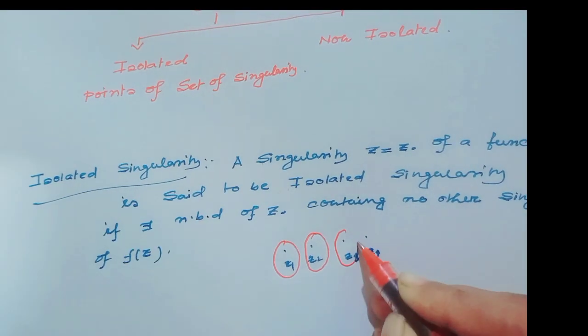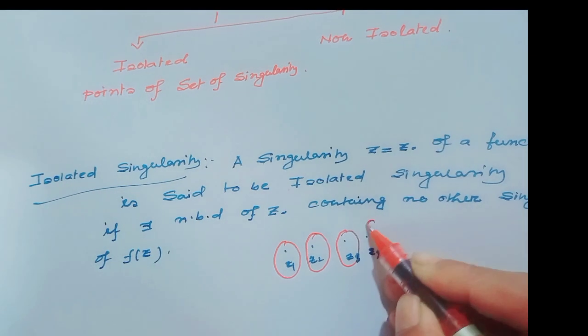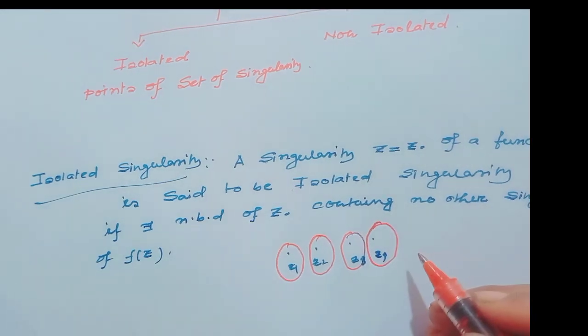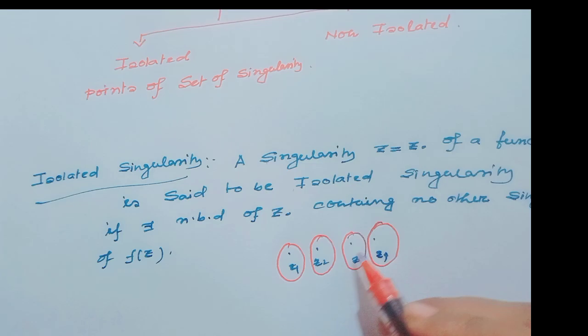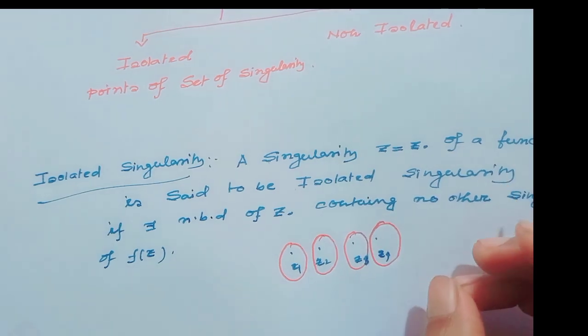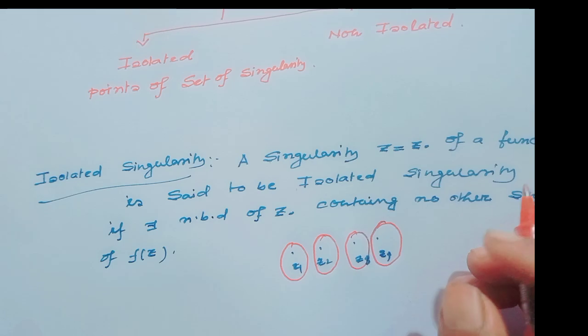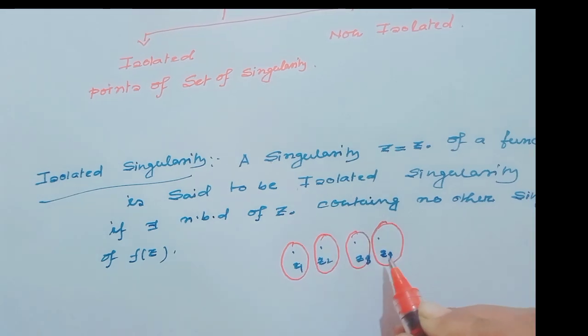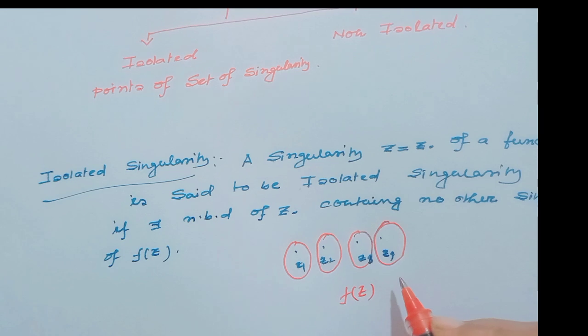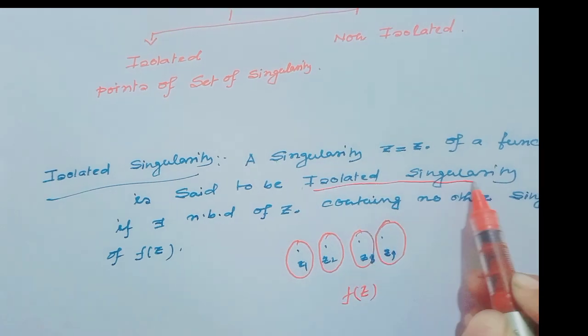Containing z3 there exists no other singularity. Containing z4 there exists a ball where the function has no other singularity. So z1, z2, z3, z4 of the function f(z) are called isolated singularities.